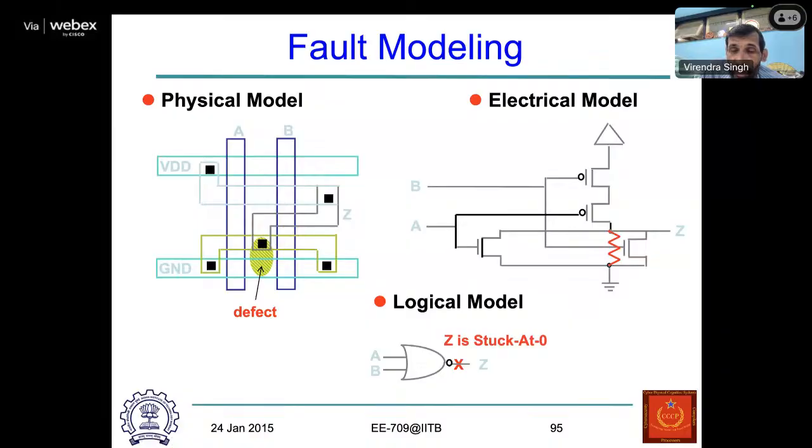It won't let it charge to VDD, and that means I can model this particular fault like this: the net Z is always stuck at logic 0. This won't change, but that is coming because of some defect. That defect is that this via is a resistive via.